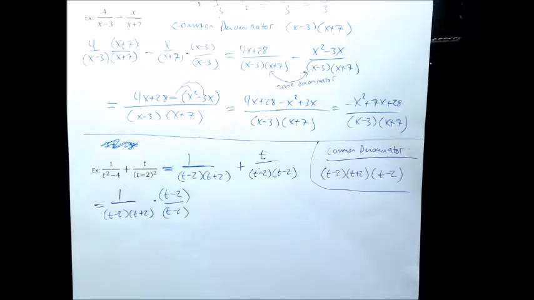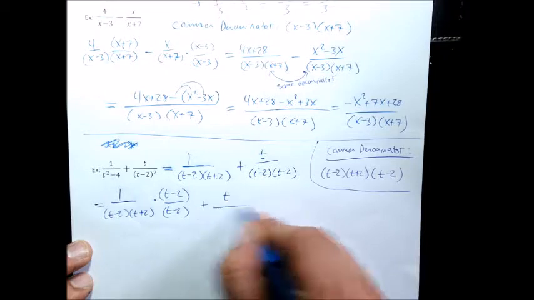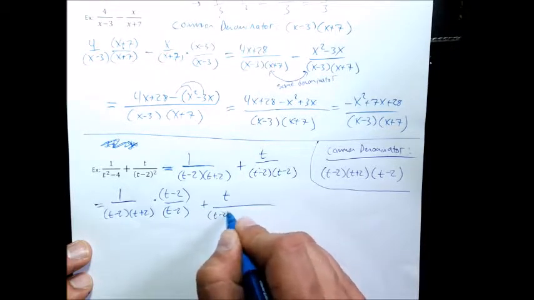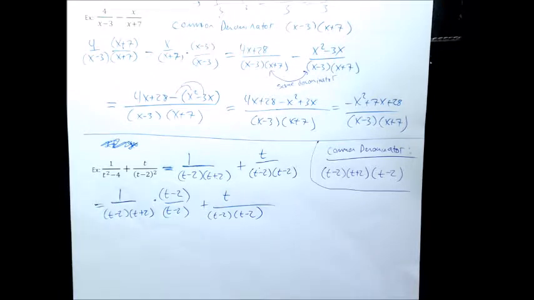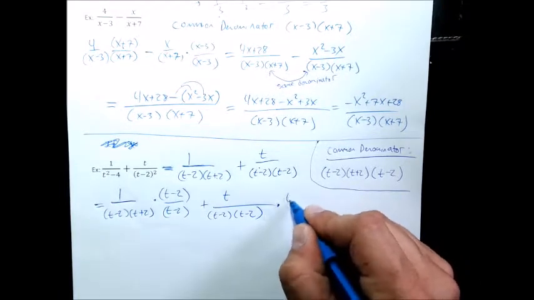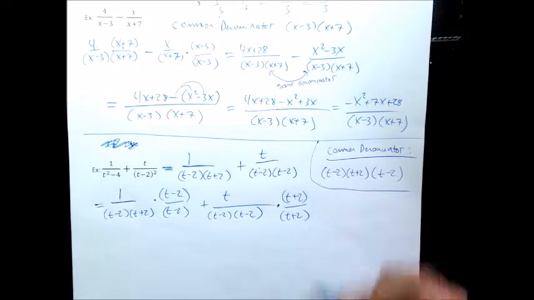We'll do a similar thing with the one on the right, which needs a t plus 2, so we'll multiply by t plus 2 over t plus 2. That's good because now it has the right denominator. Now they both have a common denominator. They no longer have a 1 in the numerator. They're going to have something else, but that's okay. Now we can combine them.